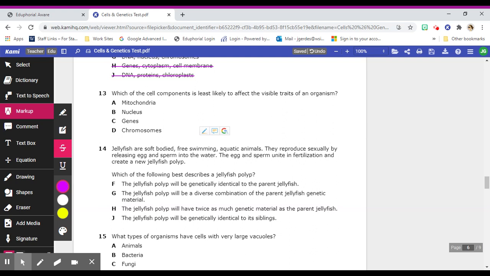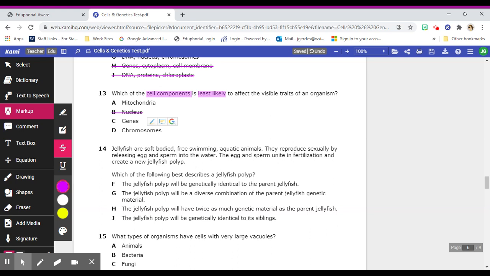Okay, so 13, which of the cell components? So that's what we're looking for, cell components. Least likely to affect the visible. So least likely. Okay, so we know the answer cannot be nucleus on this one.